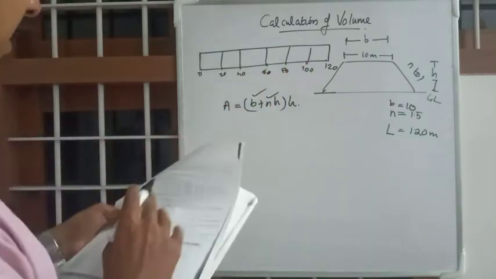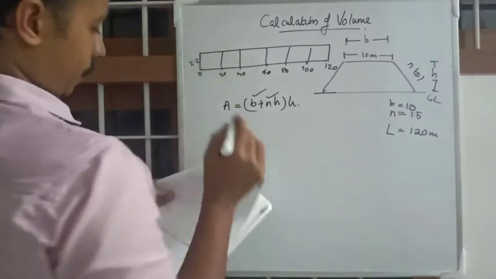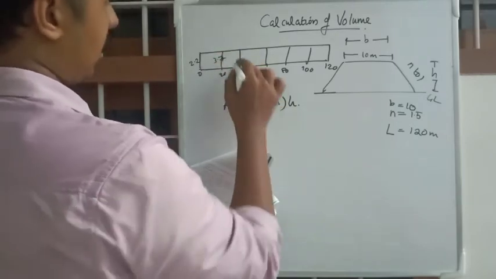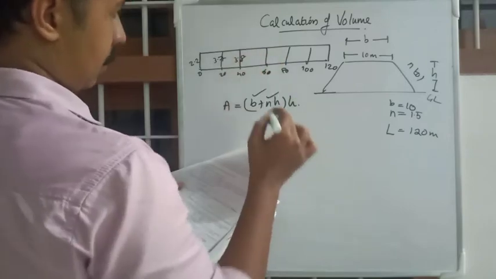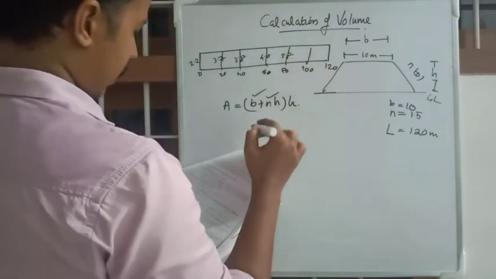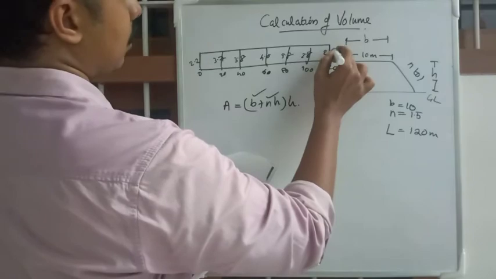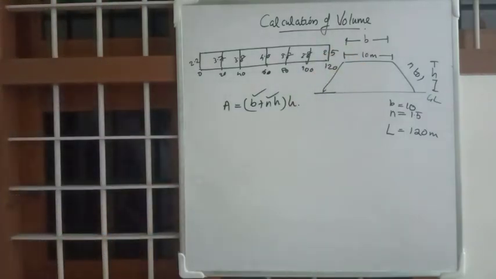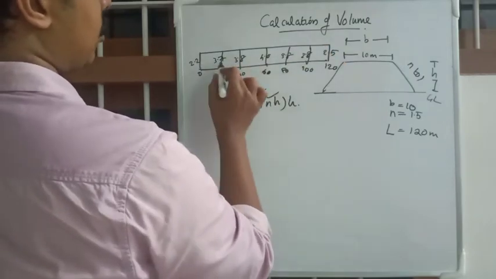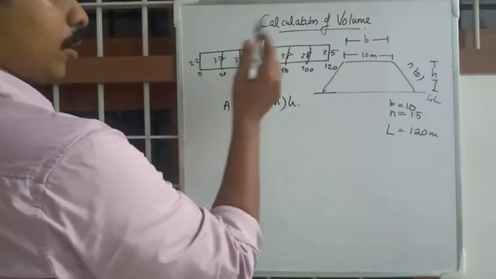That is given in the question as 2.2, 3.7, 3.8, 4.0, 3.8, 2.8 and 2.5. So you have 7 values, 7 cross sections.